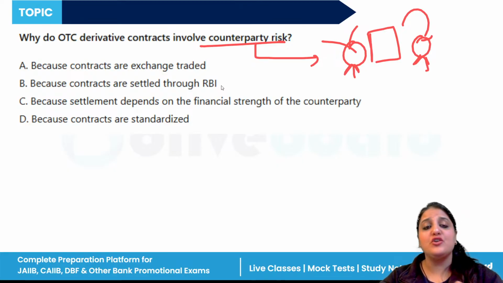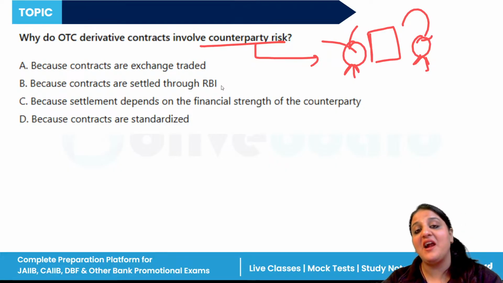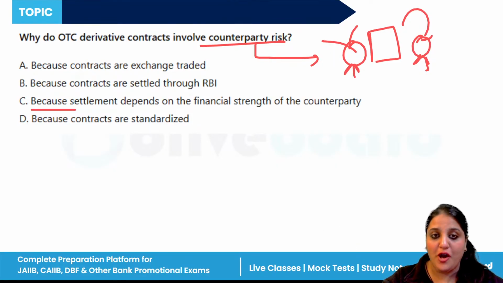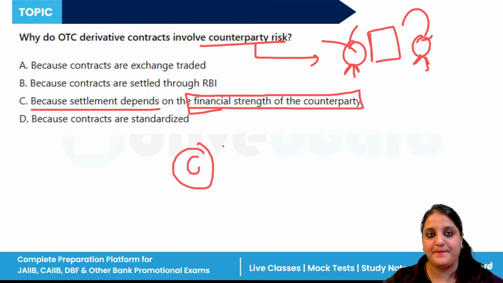So there is no exchange acting as a guarantor. Counterparty risk exists here. So which option is correct? Simple, the correct option is option C, because settlement depends on the financial strength of the counterparty. Option C is correct here.